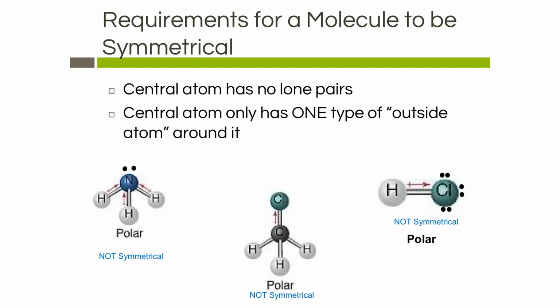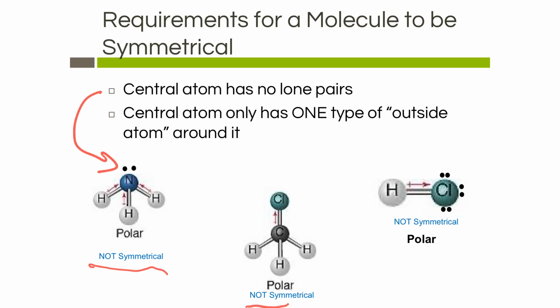So let's take a look at these 3 molecules that all have polar bonds, and you might be like, okay, maybe they're symmetrical. Well, let's see where they break down. So number 1 is not symmetrical, and why? Let's see if you can understand why this one's not symmetrical, even though it kind of looks symmetrical. It has that lone pair. Okay, so that's why that is not symmetrical.